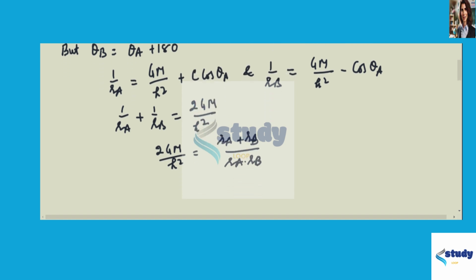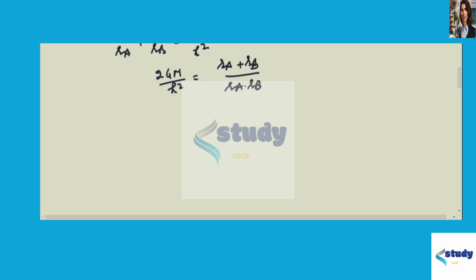So we can write in terms of major and minor axes, 2GM upon h squared equals 2a upon b squared.